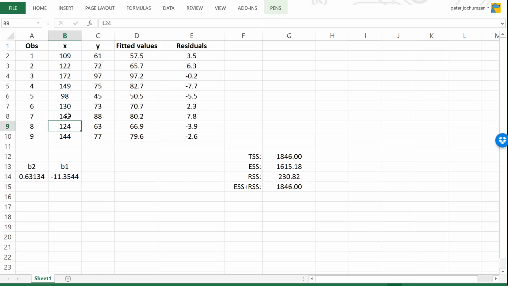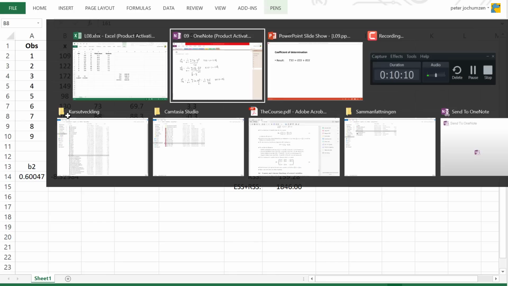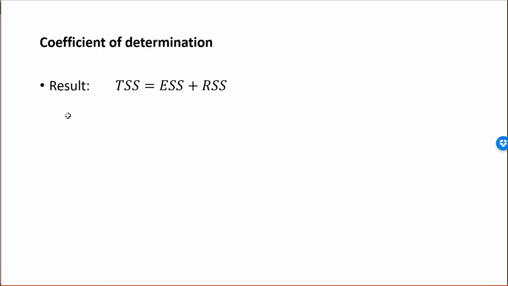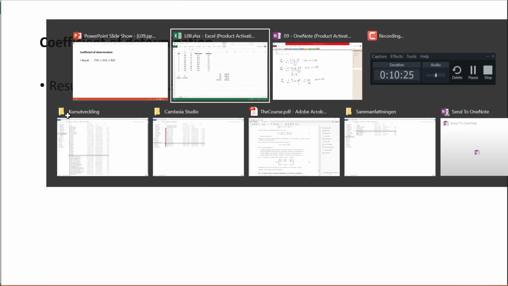So in this case, we got this, and you can see that it's still true that they sum to TSS. We are not going to prove this result in this lecture, but just state it as a fact that TSS is ESS plus RSS. And we are going to give some interpretations of these sum of squares.